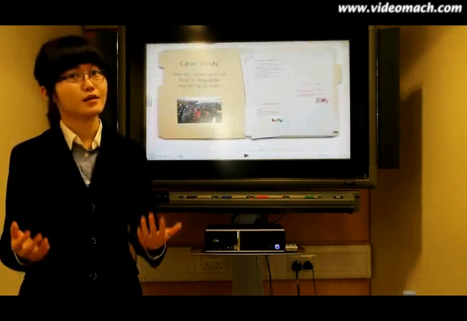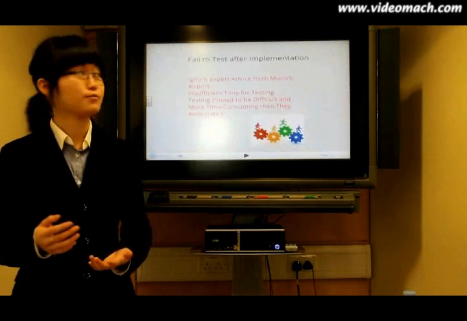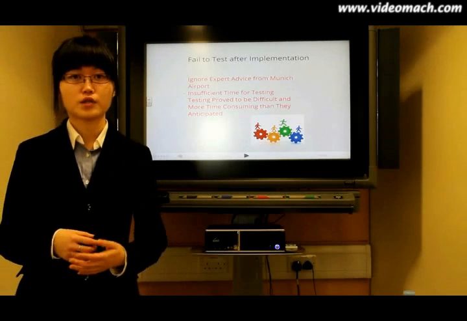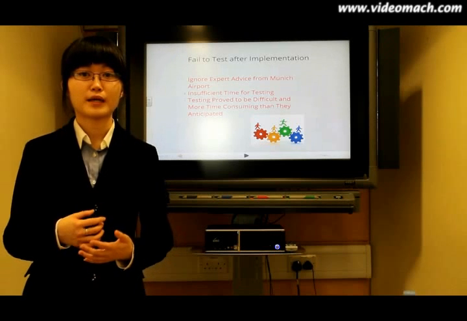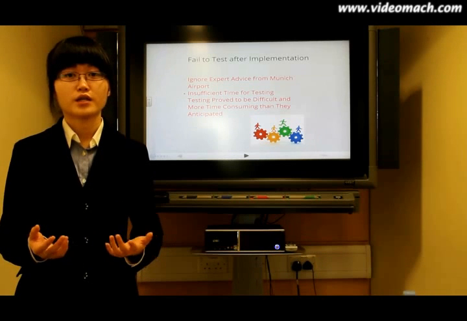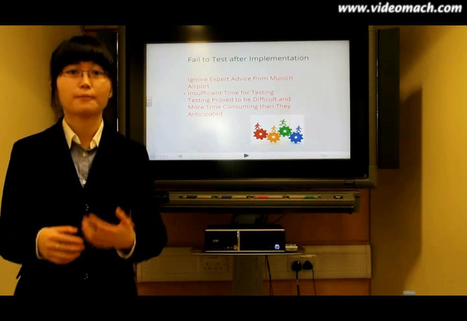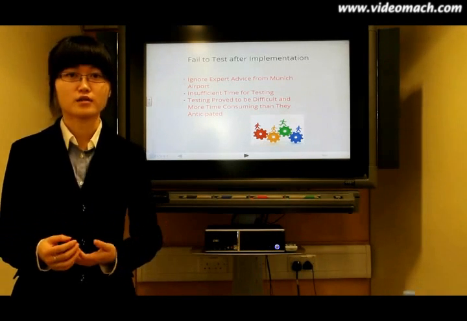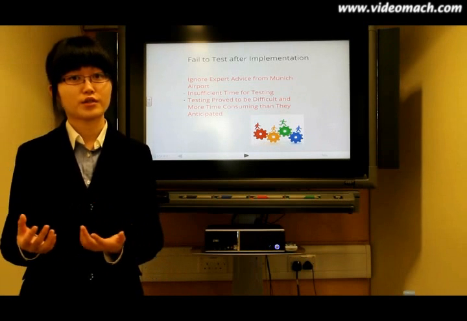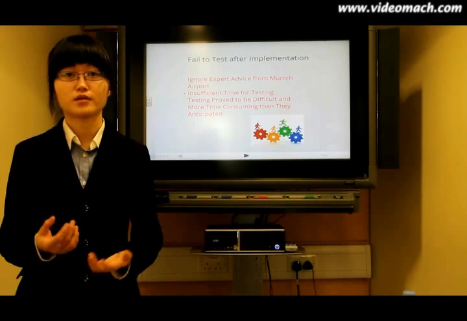The second issue is that they failed to test after implementation. Munich Airport experts advised Denver to leave plenty of time and resources for testing, but the technicians did not take the advice. The BAE ran out of time for testing because they spent too much time developing the system.